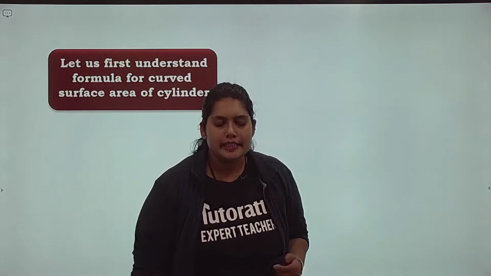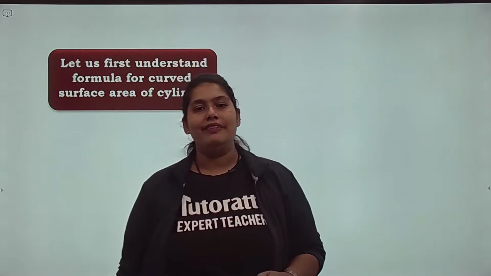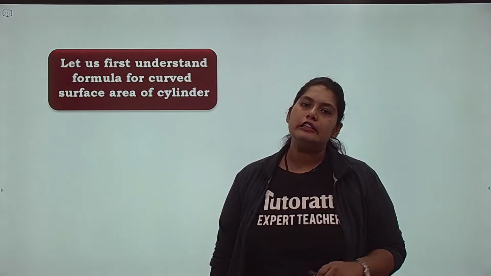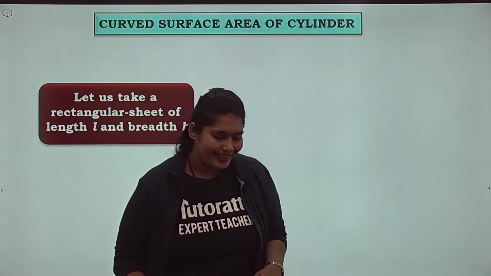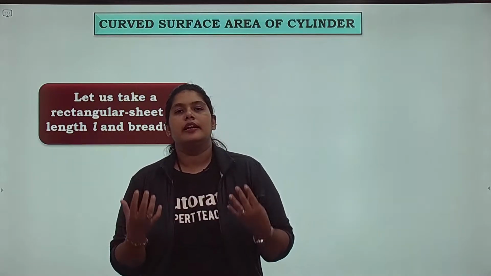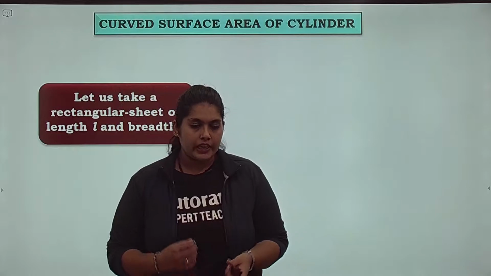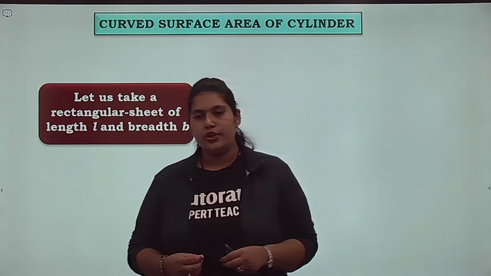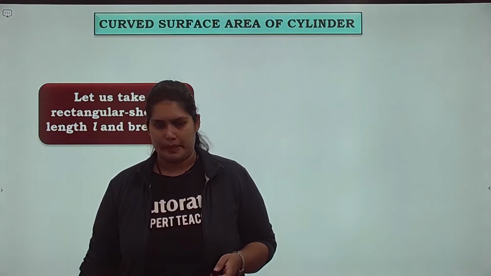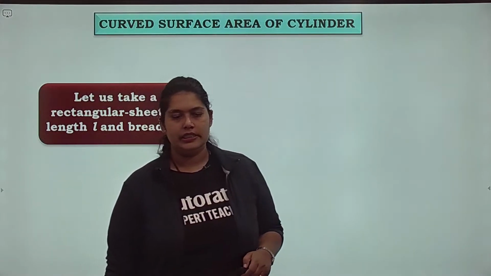Now, let's go ahead and try to derive the formula of the curved surface area. Okay? So, let us understand how this cylinder is basically formed. If I take a rectangular sheet of paper, let's say you all take an A4 size paper, okay?